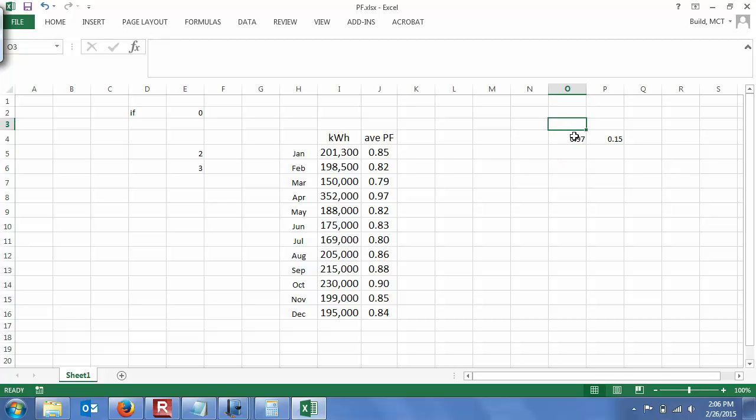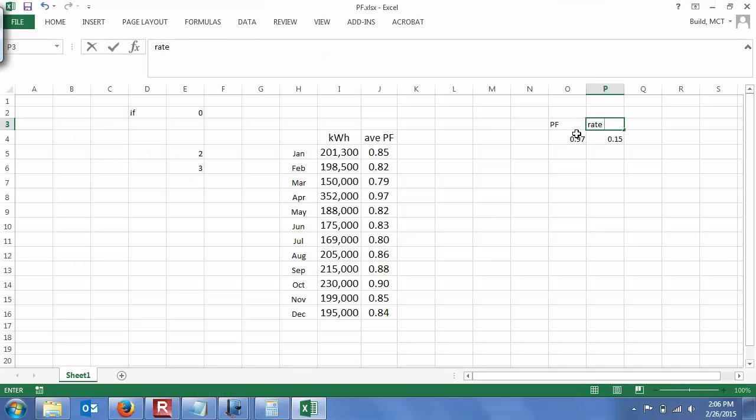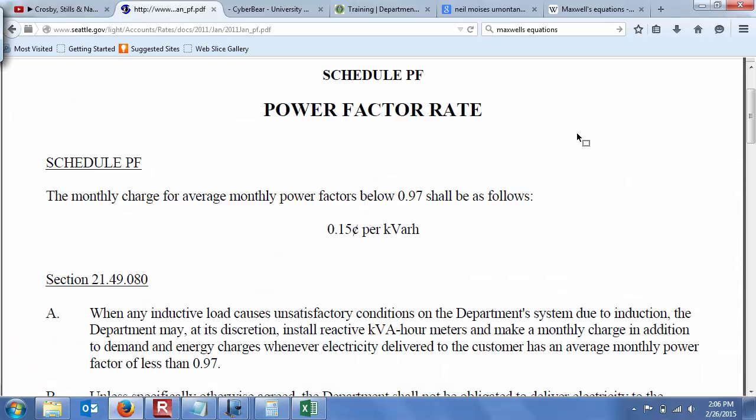So this is power factor, and this is rate, and this is in dollars per kilovolt-amp hours. Careful, because that's 0.15 cents, not 15 cents.